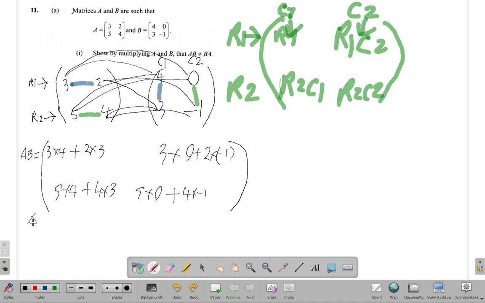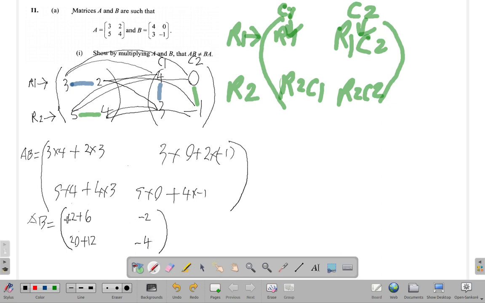So what does that give you? AB equals, now 3 by 4 is going to be 12 plus 2 by -1. That's going to be -2. Let's close it. 5 by 4 is 20 plus 4 by -1, -4.